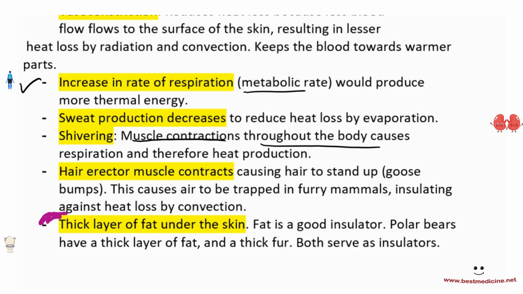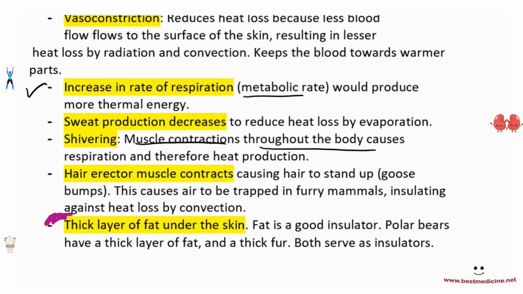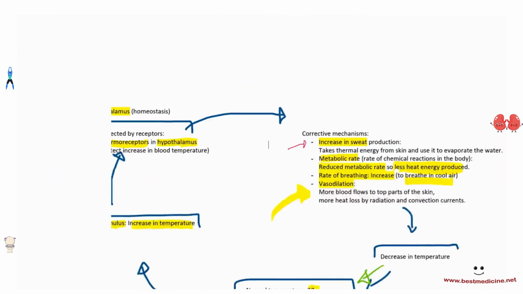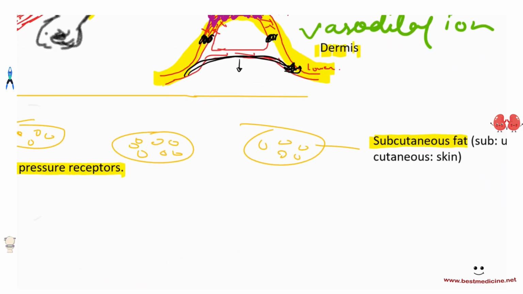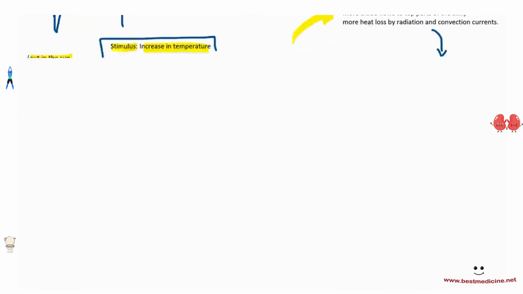And the adaptation is that some animals, or most animals actually, who live in a colder environment, for example, polar bears and seals and penguins, right? They have a thick layer of fat under their skin. That is the subcutaneous fat that we looked at when we were talking about the skin.